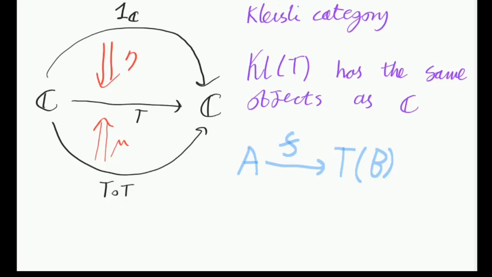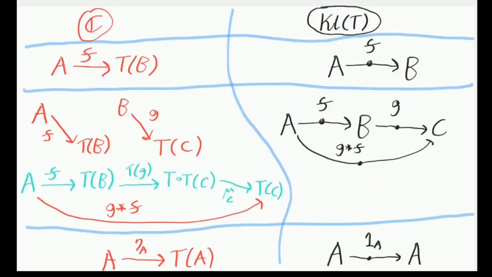Now the big question is, what are the arrows of the Kleisli category of T? And so when we have an arrow from A to B in this Kleisli category, I like to use a bit of different notation for it. So I do an arrow with a dot in the middle of it from A to B, just to remind me that this is an arrow in the Kleisli category that goes from A to B.